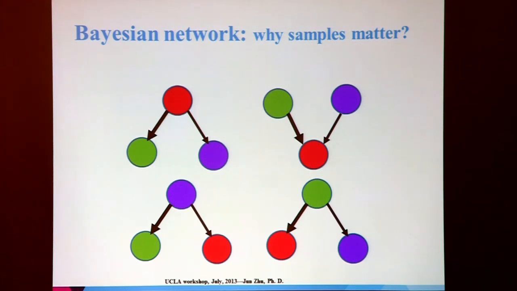If we enumerate all these structures, you can look here, this one is a different structure. Say this red is a causal node, this one blue, this one yellow. This one means one regulator regulates the other two, but this structure is different. This one we call a divergent structure, and this one is a convergent structure.